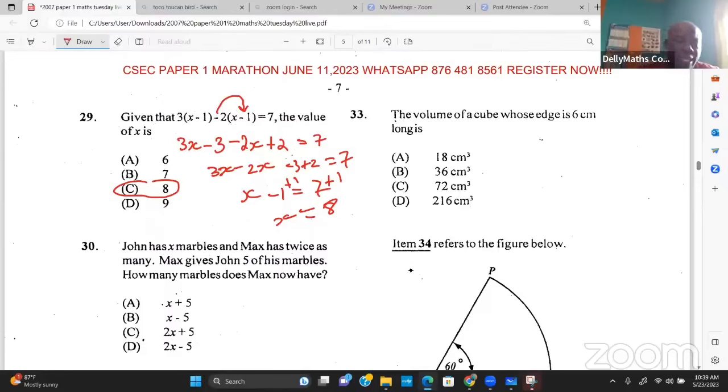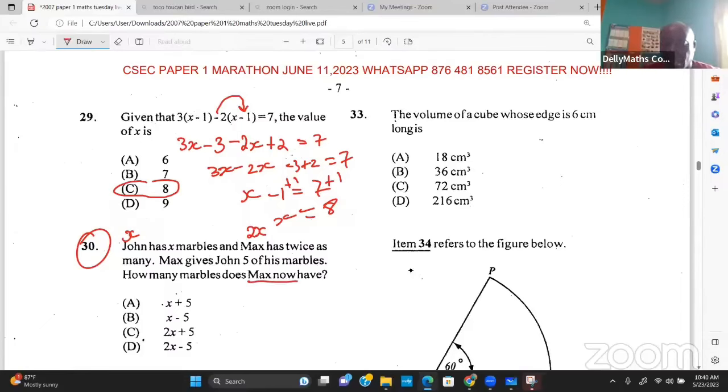Let's look at number 30. As you can see, we're in the algebra section. John has x marbles and Max has twice as many. So John has x. Max must be 2x since he has twice as many. Now we're told that Max gave John 5 of his. How many marbles does Max now have?